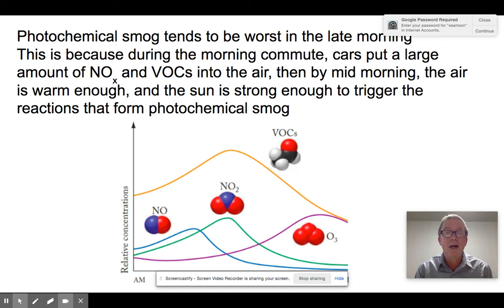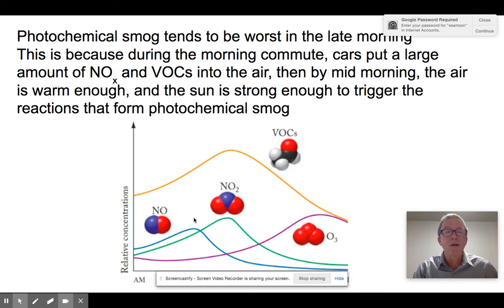You need oxygen, which is always present in the atmosphere, fortunately, and you need volatile organic compounds, which have a little bit of a periodic increase and decrease throughout the day. But what definitely increases during the day is sunlight and temperature. So what happens is in the morning commute hours, people on their way to work drive cars.